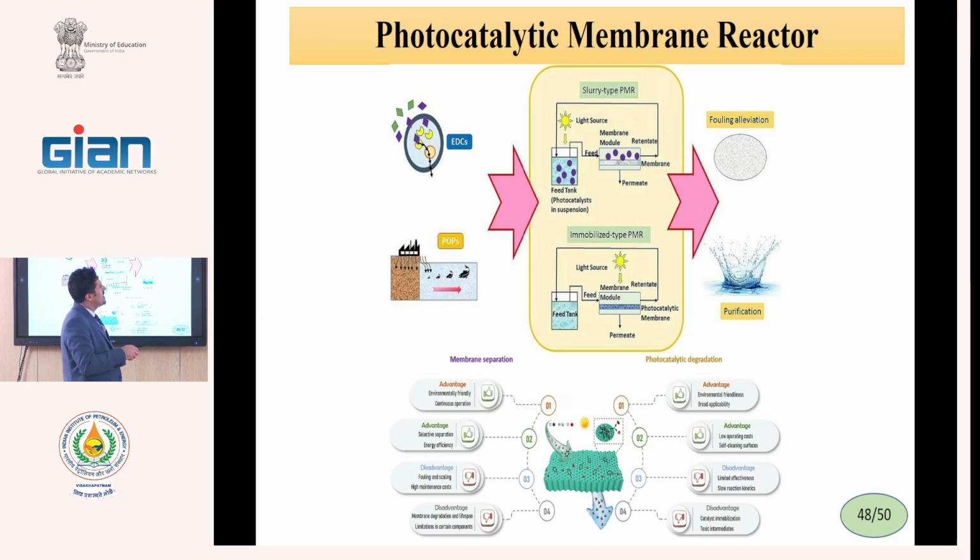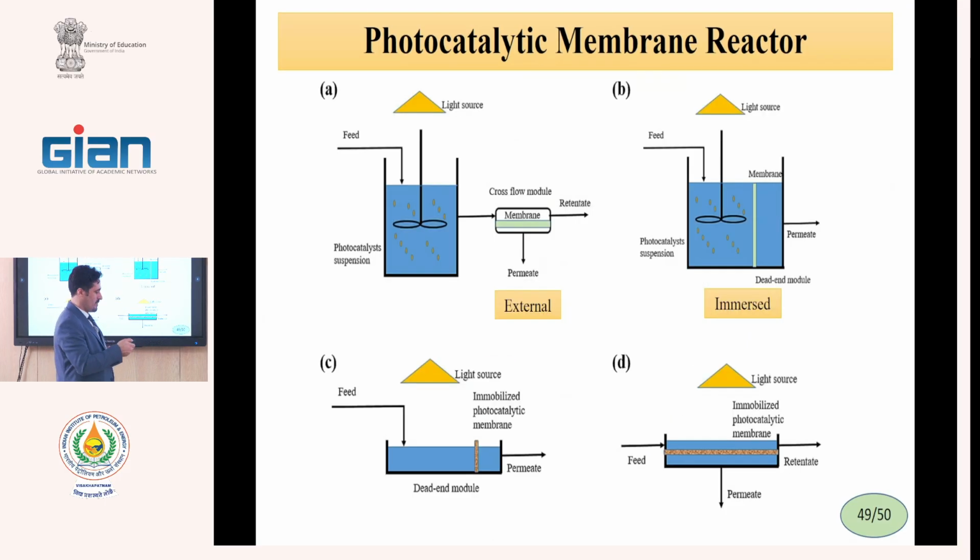We have an external membrane, and you see the light goes to the production of radicals on the catalyst. After the photocatalytic reaction is completed, for separation of the catalyst, we can use the membranes. These membranes can be external or can be immersed in the feed solution, such as this. This is an external one, and this can be used immersed.